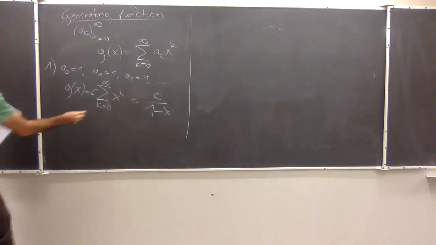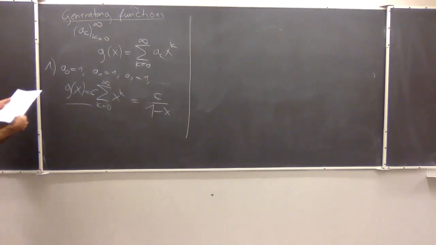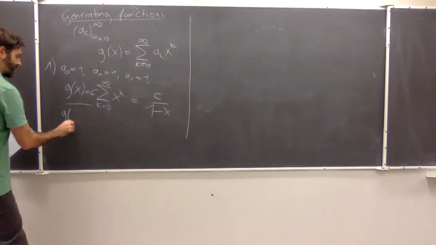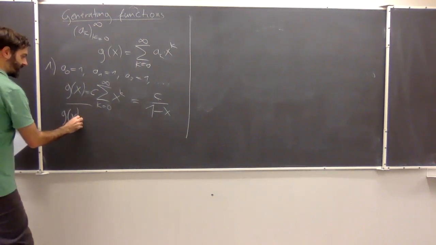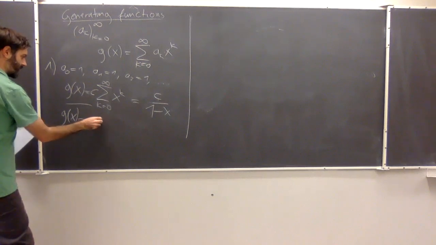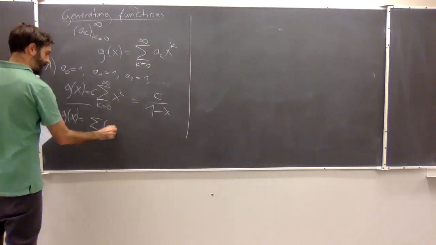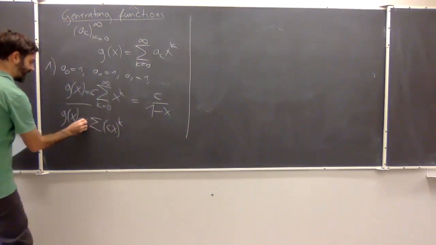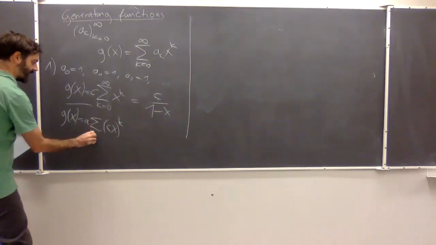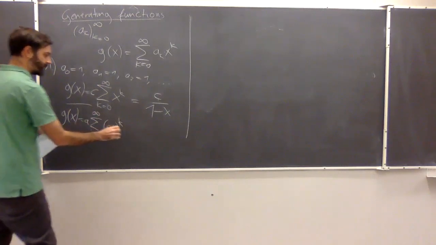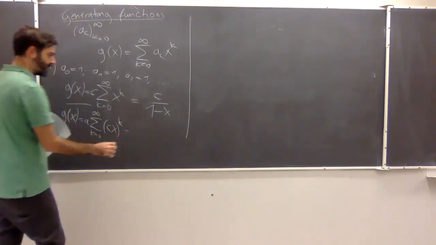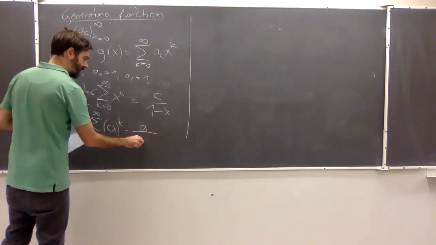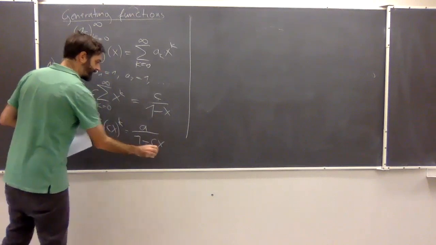And I want to give you one more, the more general form. If you use the general formula, the function of x given by the sum of c times x to the power k times a, summing from k equals 0 to infinity, that is equal to a divided by 1 minus cx.